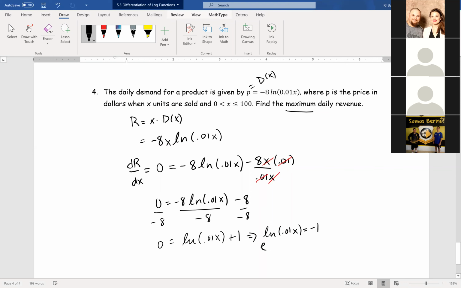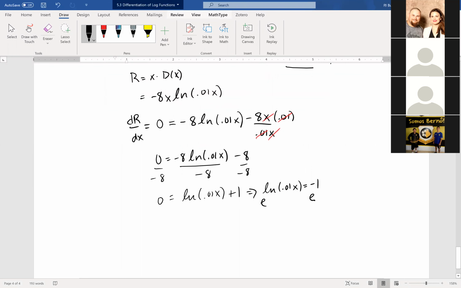Raise both sides by e. Cancel. So whichever one of those you like, 1 over e or e to the minus 1.